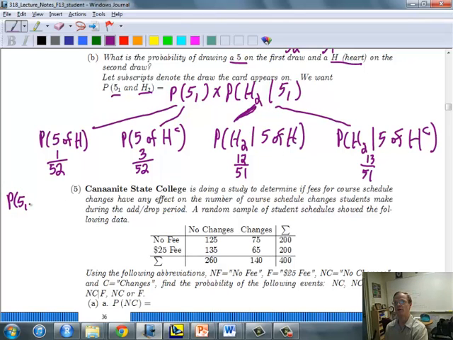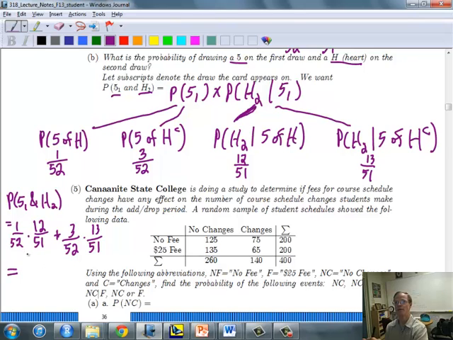Probability of 5 on the first and the heart on the second is 1 out of 52, that's the 5 of hearts, times 12 out of 51, that's the heart on the second given the 5 of hearts, plus the 3 out of 52, this is the non-heart, times 13 out of 51.